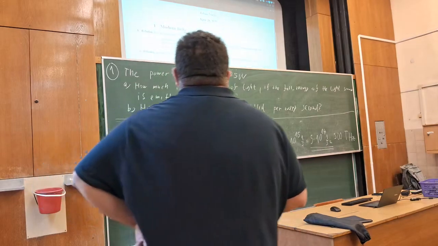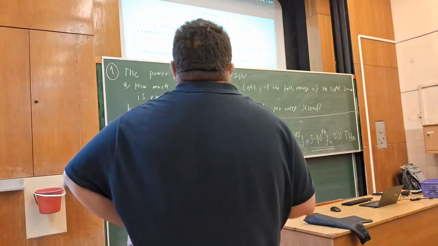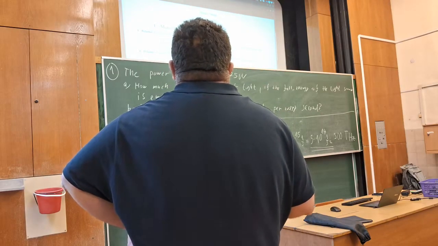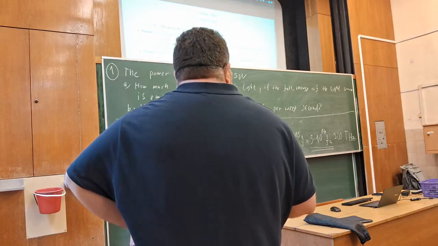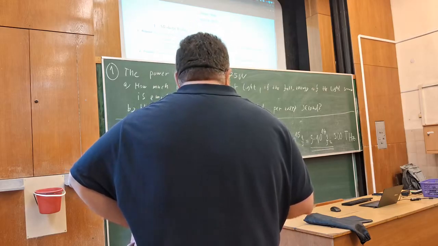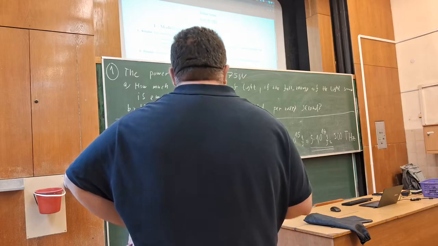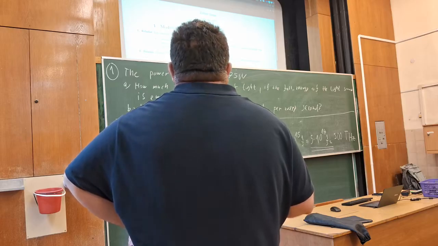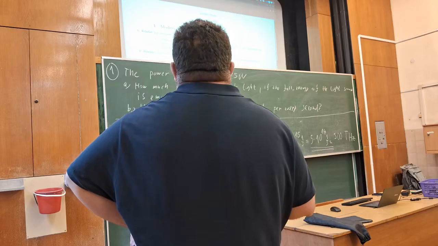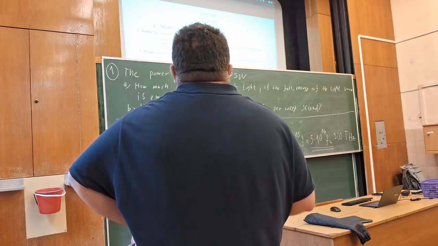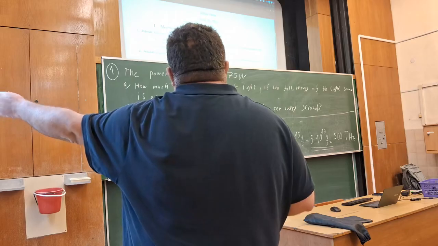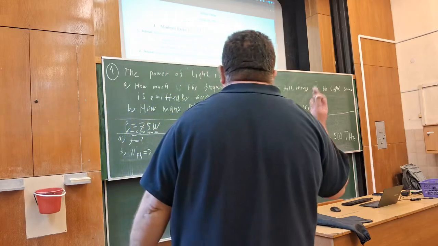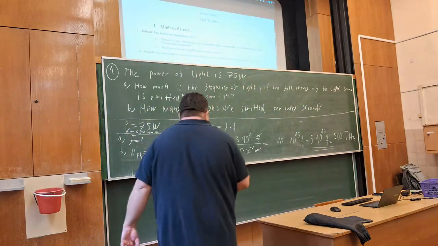How many photons are emitted from this light source per second? We have the frequency, great. We know the Planck constant, great. We can calculate the energy of one photon, and then we can get the number of photons.